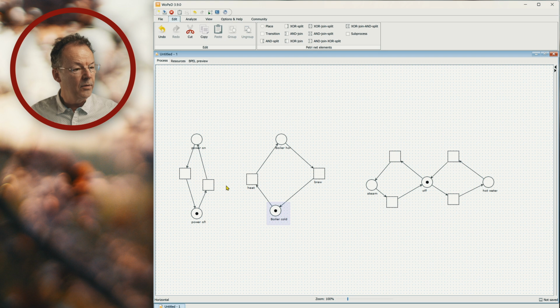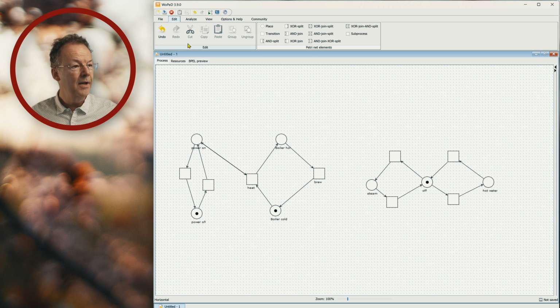So we can do this in the following way. If we just want to check that there is a token here in power on, we can insert two arcs, one from power on to heat. This means that heat cannot fire unless there is a token here, but we have to put the token back in, let's say, more or less immediately, because otherwise we would switch off the power and we wouldn't have a token here.